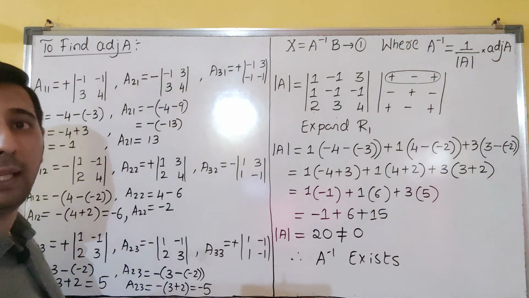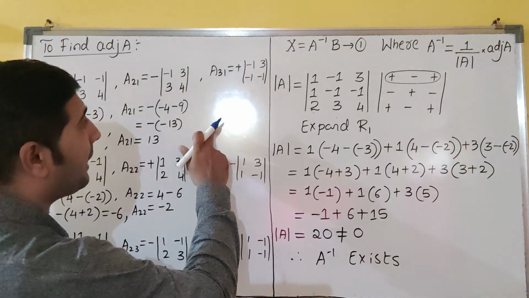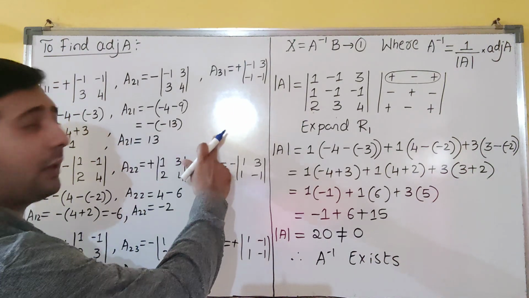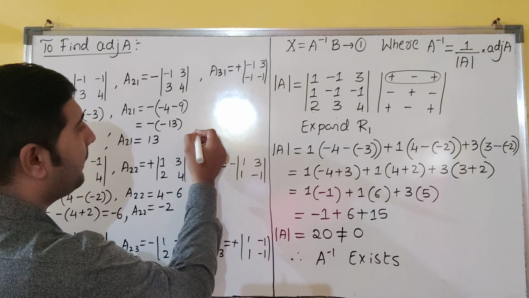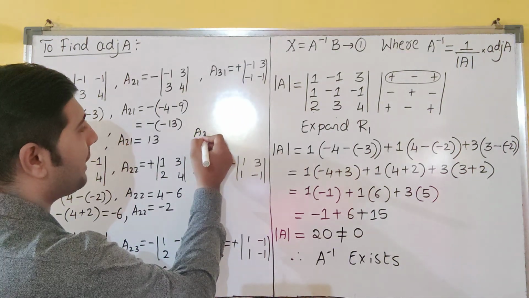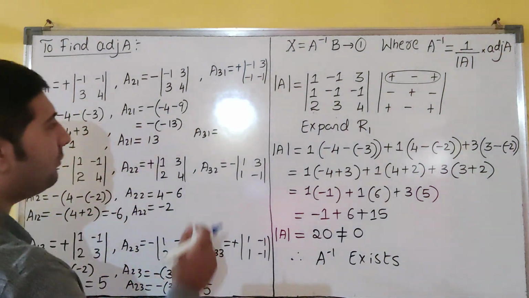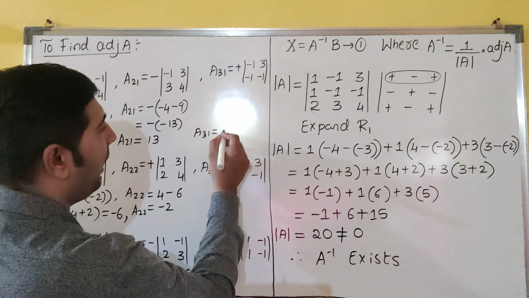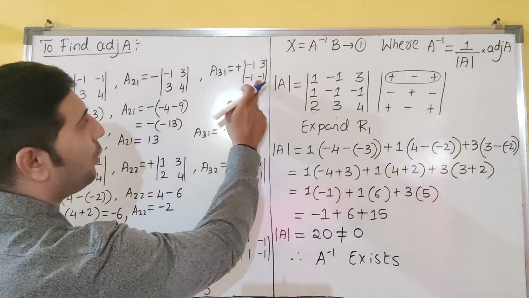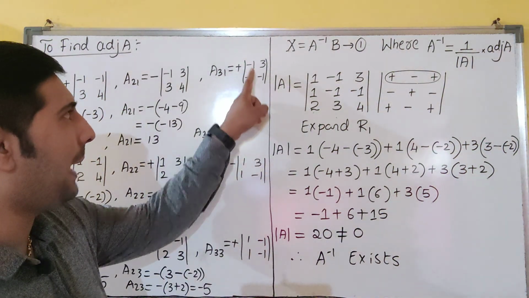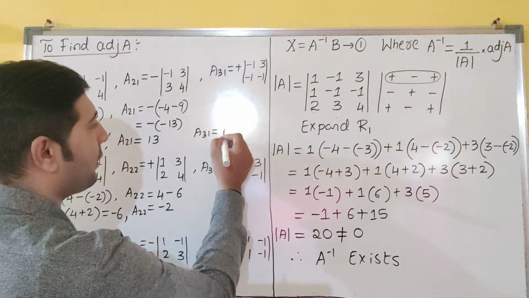Understood? So now A31. I will write A31 here, dear students, because light is reflecting, so I will write with a small size. Please try to understand, I'm sorry for that. So now see, plus sign is there, you may write or you may not write. Minus into minus plus 1 into 1, 1, dear students.